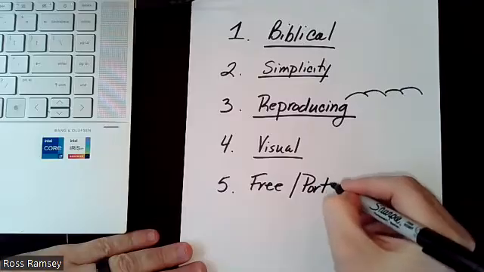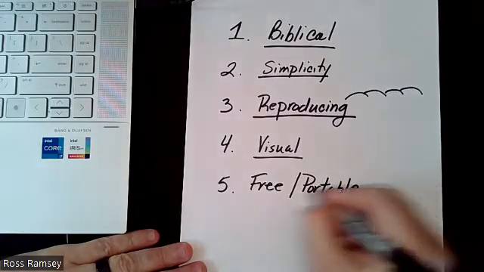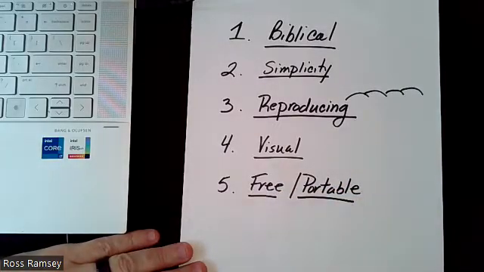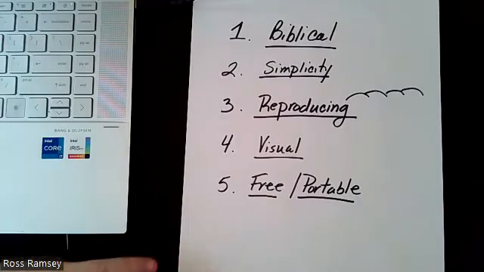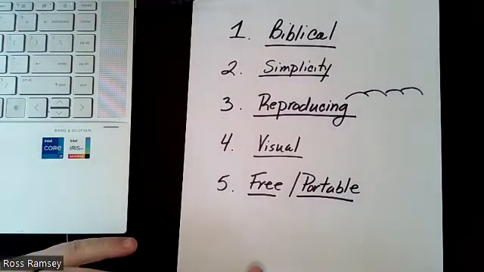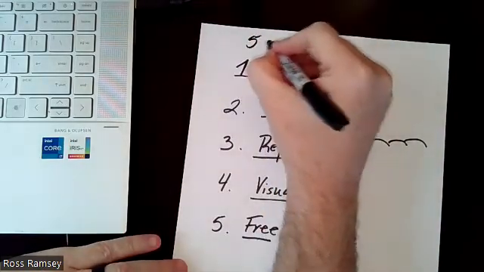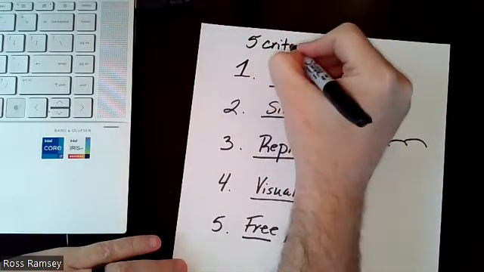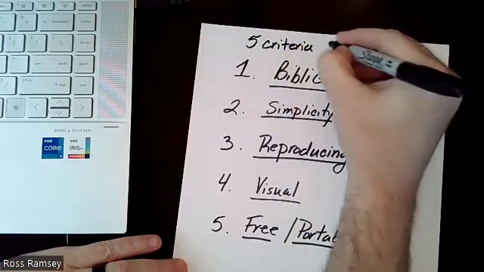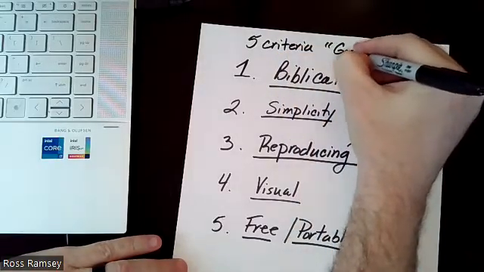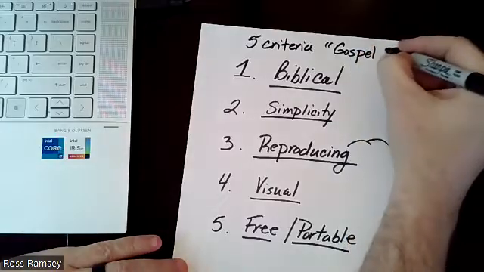That's really key. It doesn't cost me anything to reproduce it, and I can take it anywhere. I can reproduce it on a napkin. It's not bulky. So these are basically the five criteria we look for when choosing a gospel tool to train your network in.